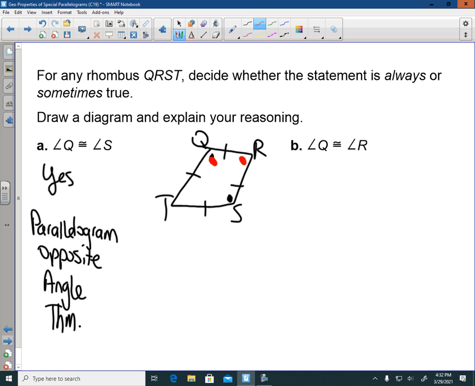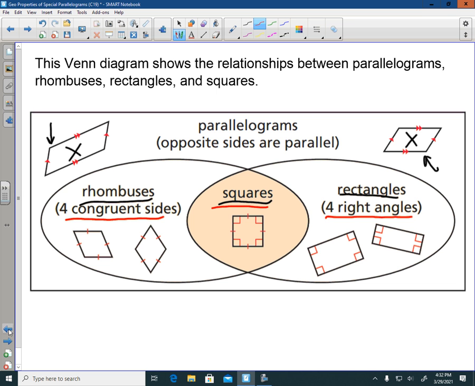And so there are going to be times that you don't have congruent angles at Q and R. In fact, if it's leaning over, like this one, you can see that these two consecutive angles are not going to be congruent. But there is a particular type of rhombus that will have congruent consecutive angles, and it is called a square.